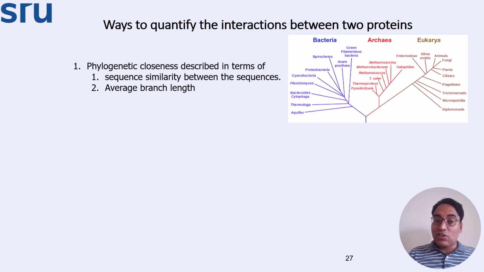First is the phylogenetic closeness, in terms of sequence similarity or average branch length. Sequence similarity will be there between every two sequences. If n sequences are there, an nC2 combination matrix, taking a combination of 2 among all the n, considering all combinations. So I can generate a matrix of sequence similarity.